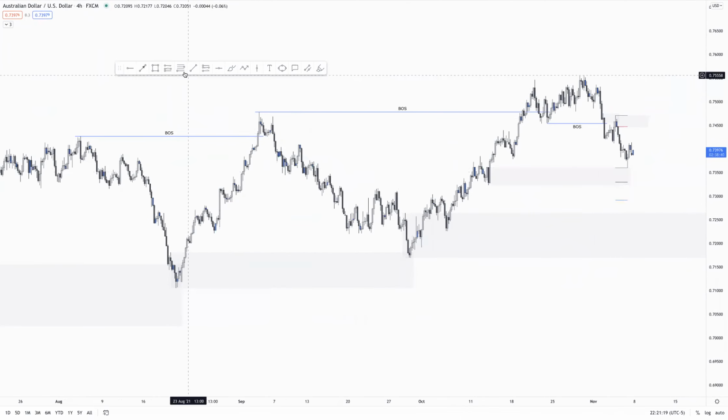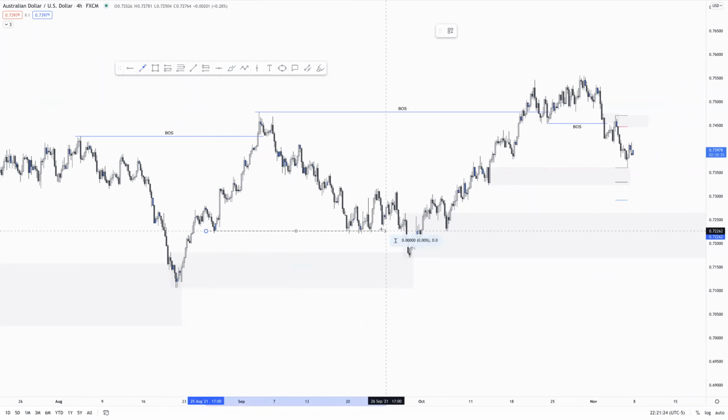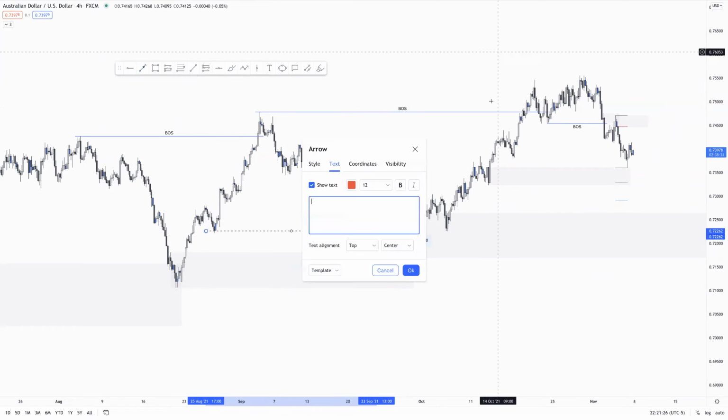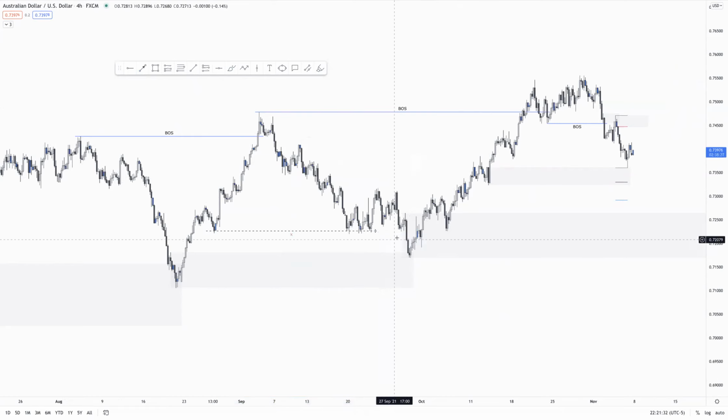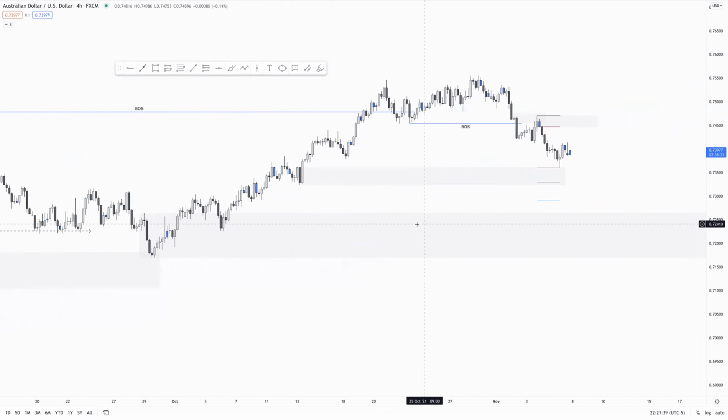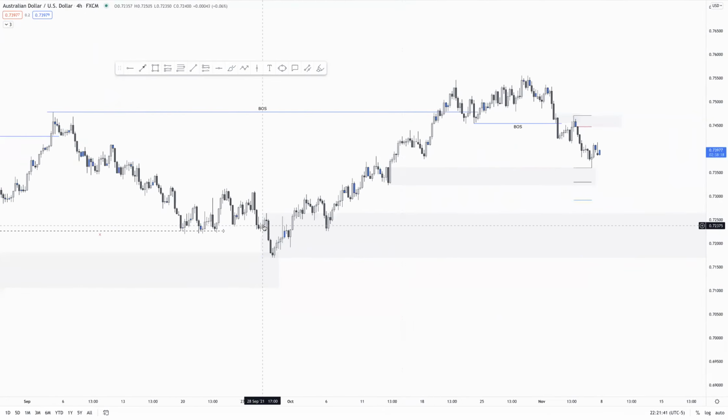And you can see what happened was we generated relatively equal lows right here, which we ended up sweeping out right here. And this was a little break of structure once we traded above this. So you can note that this is one daily time frame sell to buy candle.